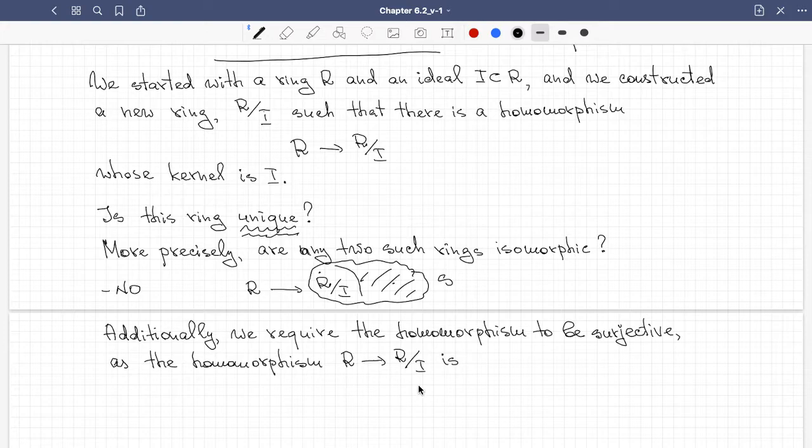So this is a surjective homomorphism. So we ask whether the ring with such a property, that there exists a surjective homomorphism with the given kernel, is unique. Namely, are any two such rings isomorphic?